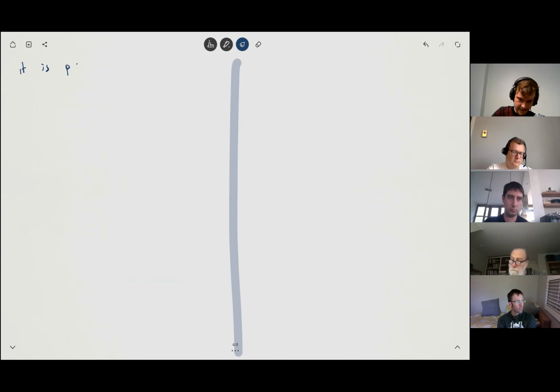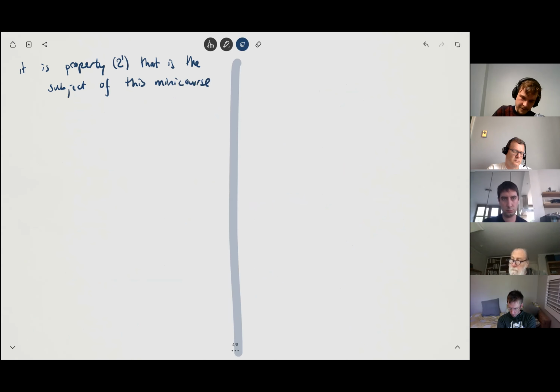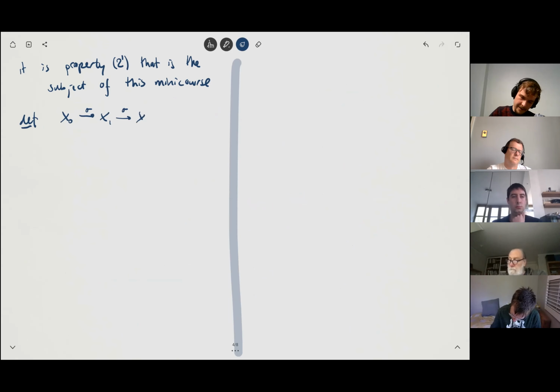So let's give a name to that. Okay, so suppose you have a sequence of spaces and maps between them. You should think these are B of sigma n, and sigma is that map I just defined, which we usually call the stabilization map.